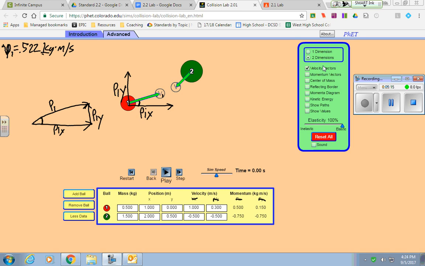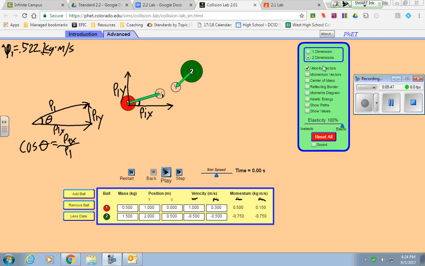I could use SOHCAHTOA in whichever way I want, but I'm going to do cosine of that angle is going to equal P1x over P1.